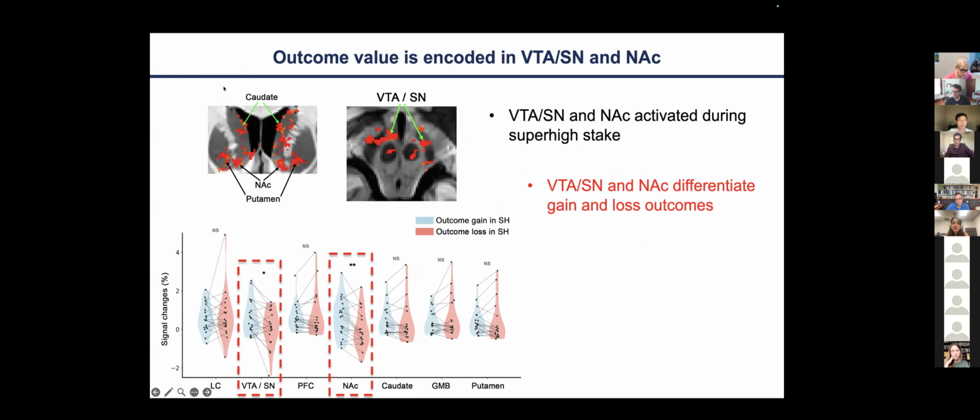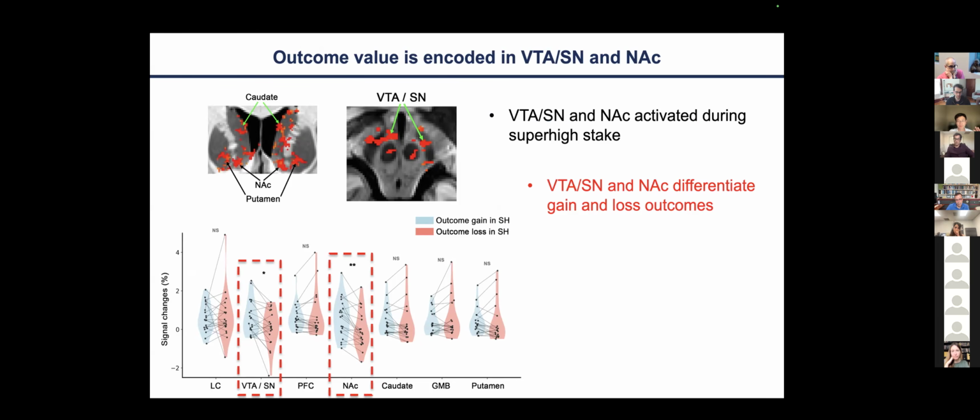And for the outcome processing after the evaluation and action selection, the third stage in decision making is outcome processing. For the outcome processing, we know it involves the nucleus accumbens, VTA, substantia nigra, and also prefrontal cortex.